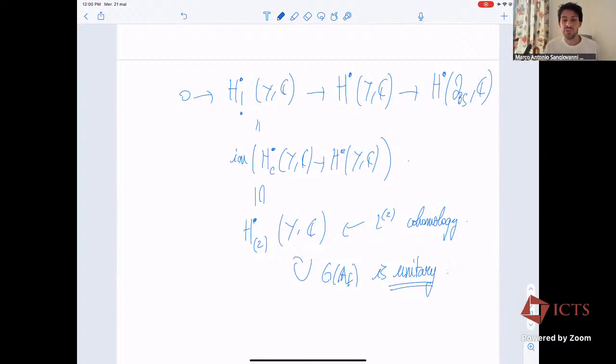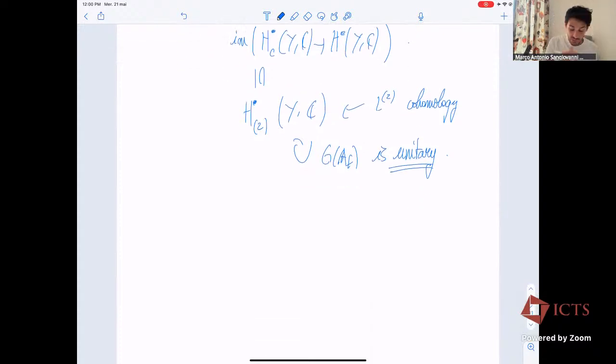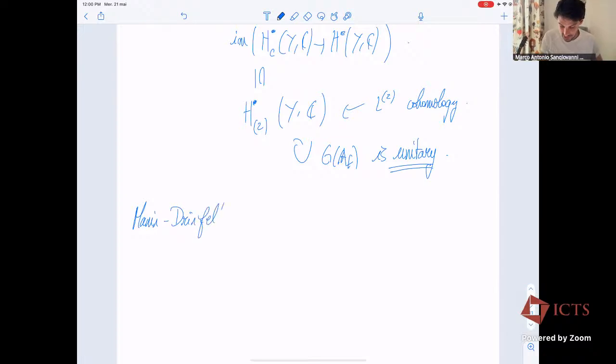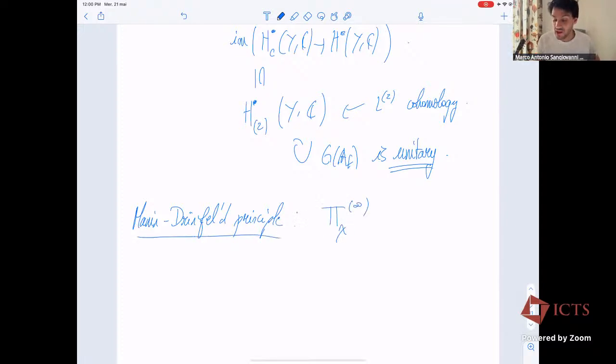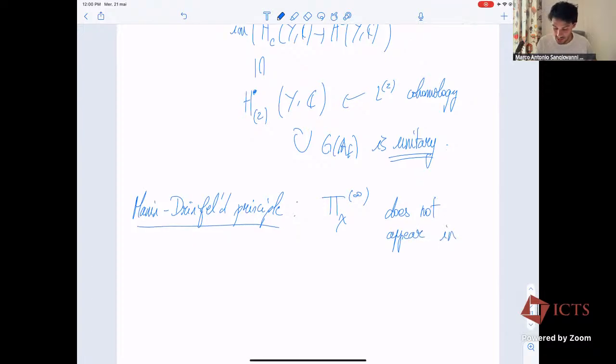There is a natural L2 pairing on the L2 cohomology. And what the Manin-Drinfeld principle states is that pi chi, the finite part of pi chi, does not appear as a representation in the interior cohomology.